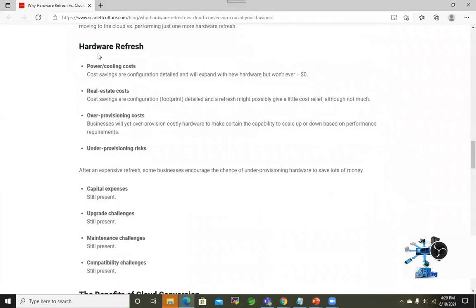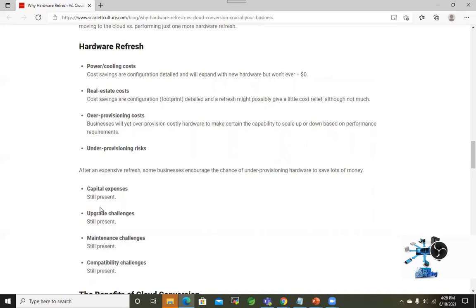When you say hardware refresh, it includes a lot of things, like power, cooling, racks, and more. It's not just hardware boxes. After an expensive refresh, some businesses risk under provisioning hardware to save a lot of money, and that causes capital expenditure.